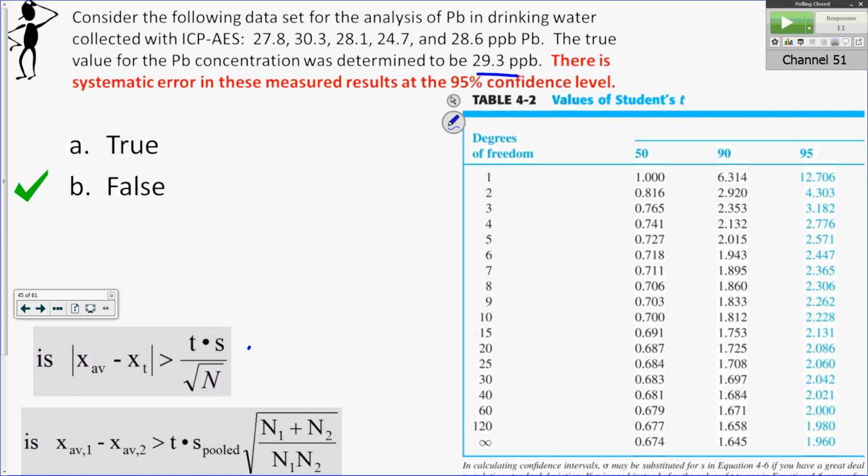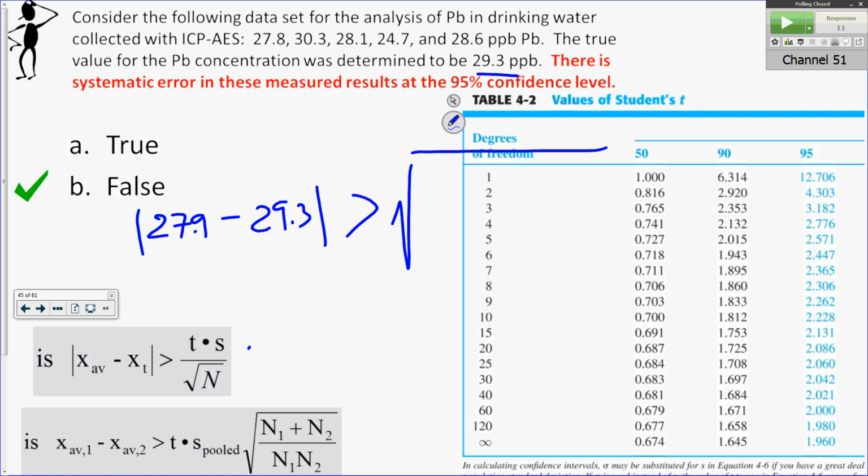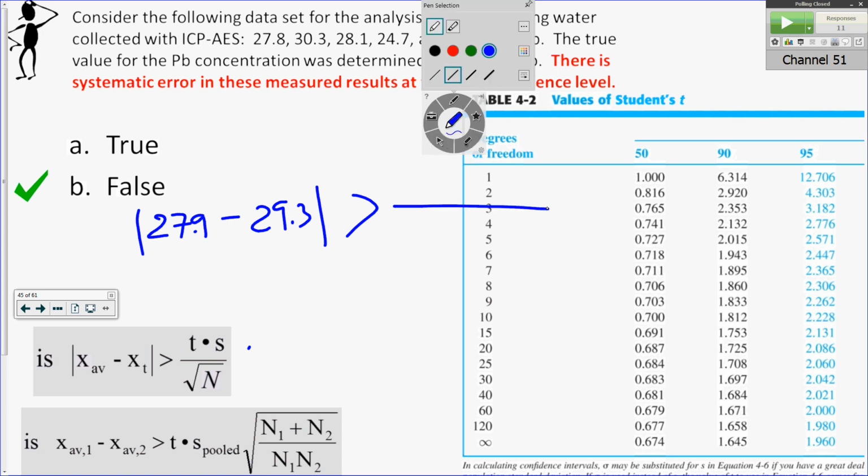The average was 27.9, less the true value, 29.3. Is that greater than t s over the square root of n? We had 5 replicates, so square root of 5 on the bottom.